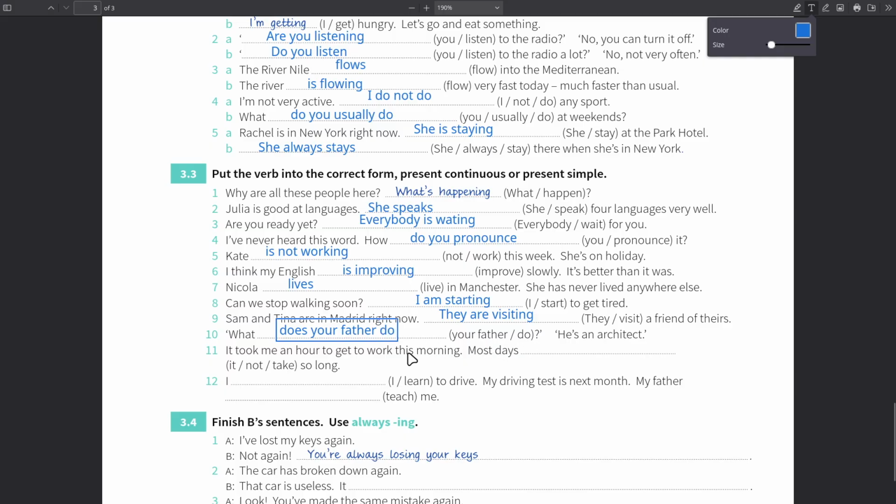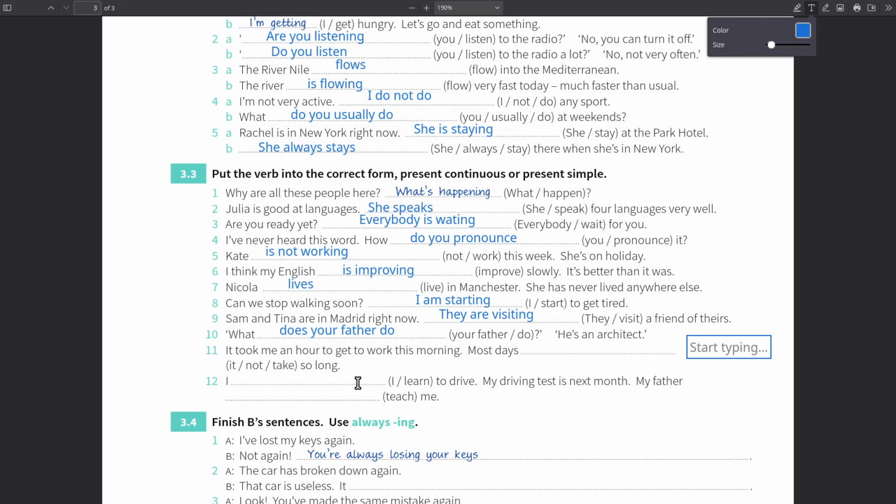That's just present simple, because we are asking a question about information, not a fact. He's an architect. This part of the sentence is enough context to understand why we're using present simple.